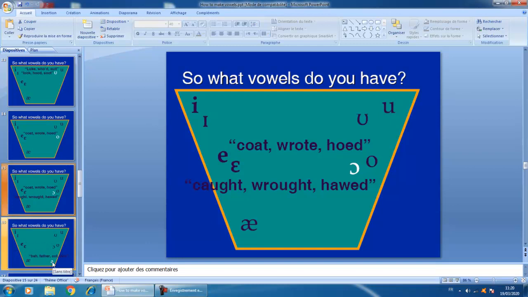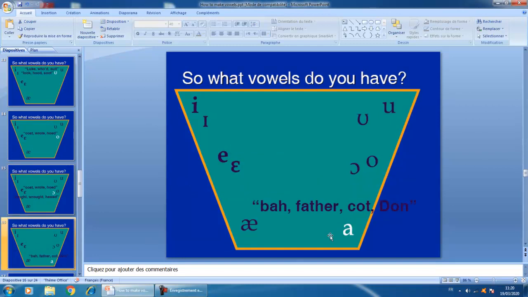Another back vowel that we need to introduce is this one. Ba, fa, caught, don. Father, ba, caught, don. So notice there is a certain pattern in English here.